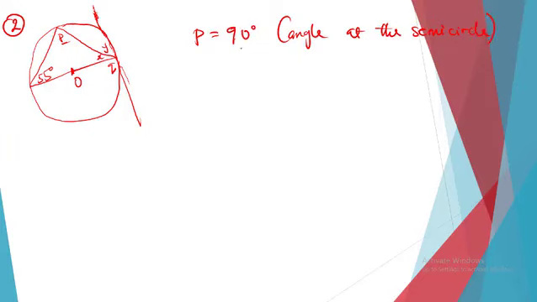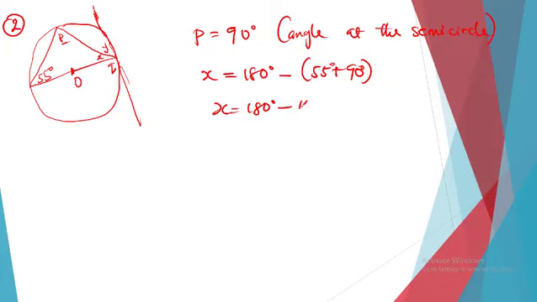Angle at semicircle is equal to 90 degrees. And then you will agree with me that X is equal to 180 degrees minus (55 plus 90). So we have X equal to 180 minus 145, and that will give us 35 degrees. That's the value of X.